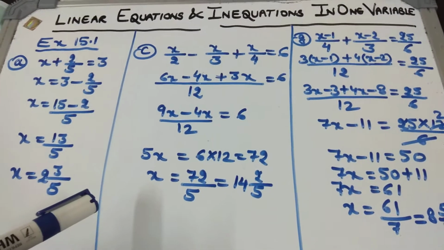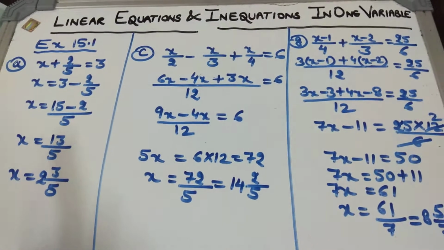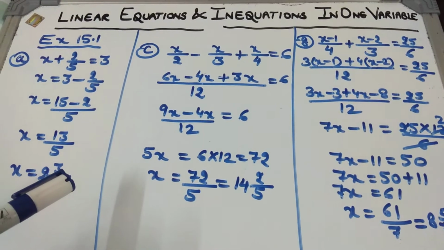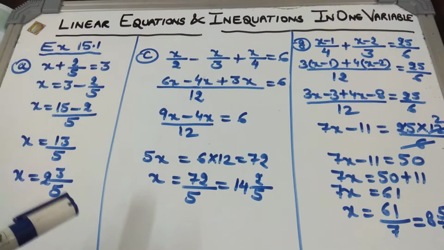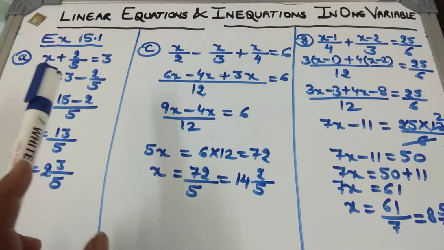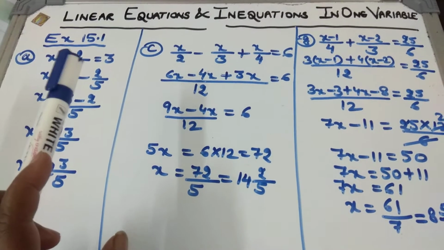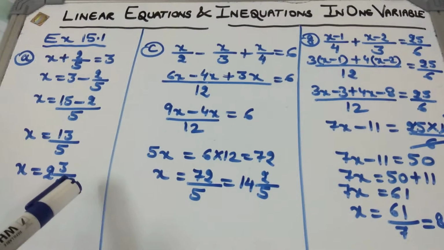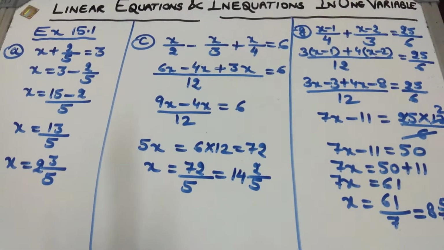I have changed it to a mixed number. It is up to you. You can leave it here also, but we always write the answer in simplified form, so I am writing it like this. Since the question is in fractions, we are not converting it into decimal. Leave the answer here itself.